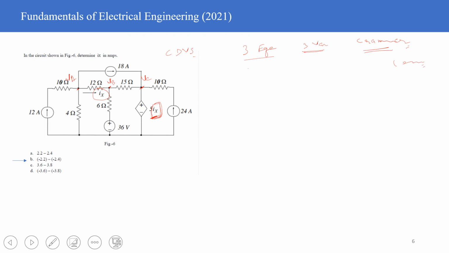At node A, I'm writing, 12 ampere current is coming, and this is exiting as 18 ampere, plus VA minus VB divided by 12, and then VA minus 0 divided by 4, considering that I have grounded this one. So this forms your equation number 1.